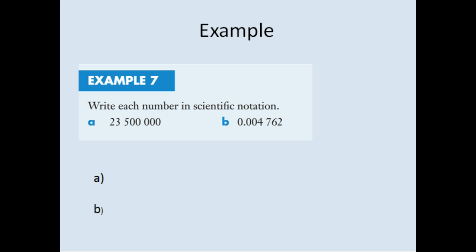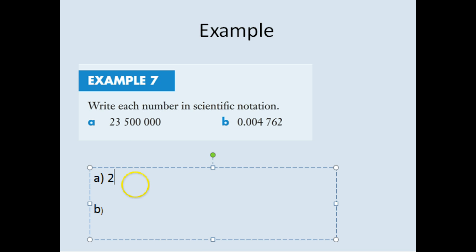So my solution is going to be 2.35 times 10 to the power of 7. Sorry, technical issue there. So 10 to the power of 7. So 2.35 times 10 to the power of 7.